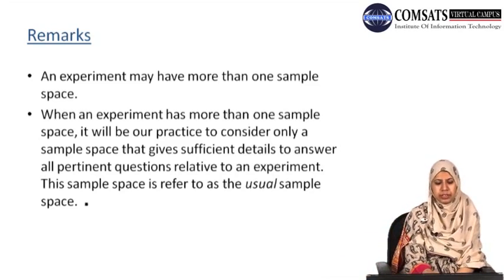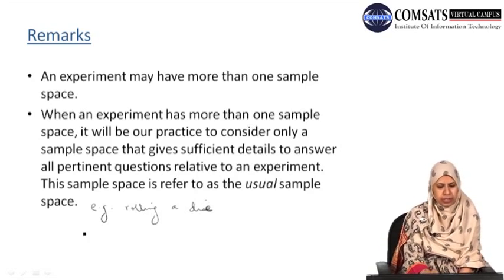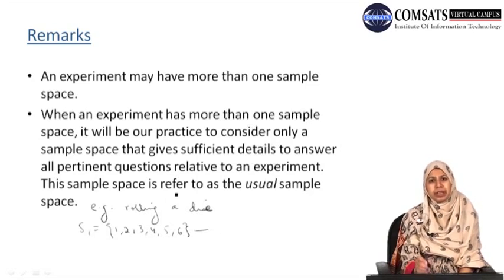That is, in our previous example of rolling a die, our sample space S1 having 6 sample points from 1 to 6 is our usual sample space, because this sample space will answer most of our questions related to the experiment.